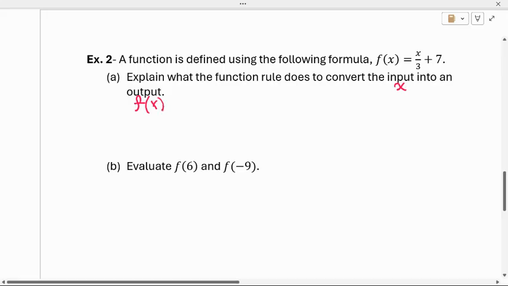So what is happening to x? This is no different than looking at an equation that we solve for x, and we say what's happening to x. That's really what this is asking. What are we doing to the input x?